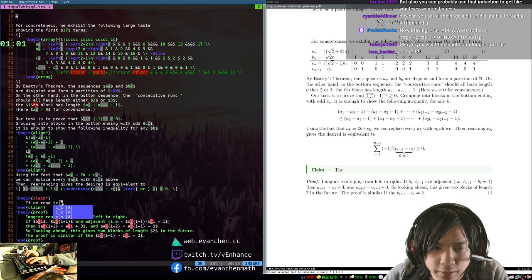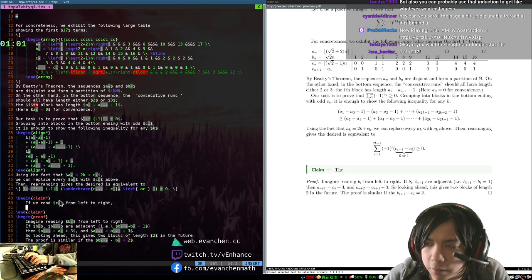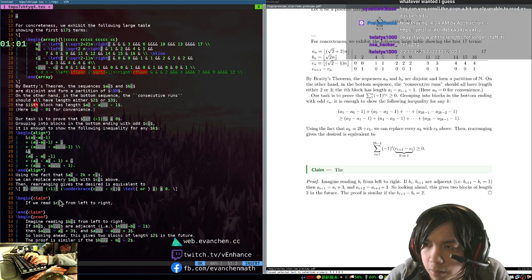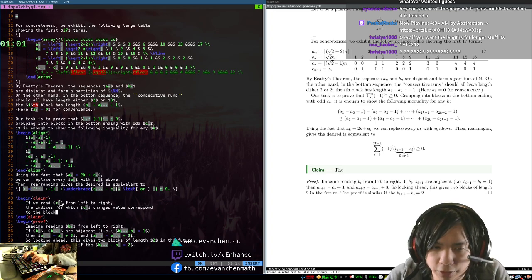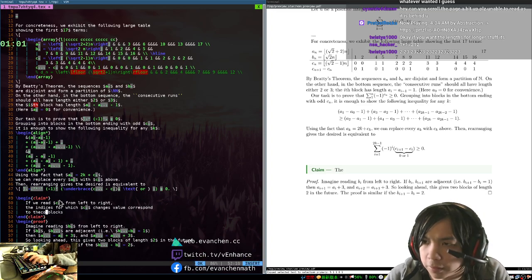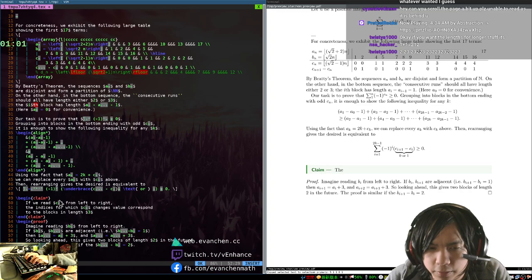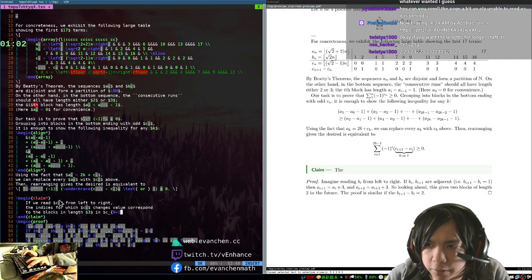If we read Cn from left to right, the indices for which Cn changes value correspond to the blocks, the consecutive length 3 in Ci plus 1 minus Cn.